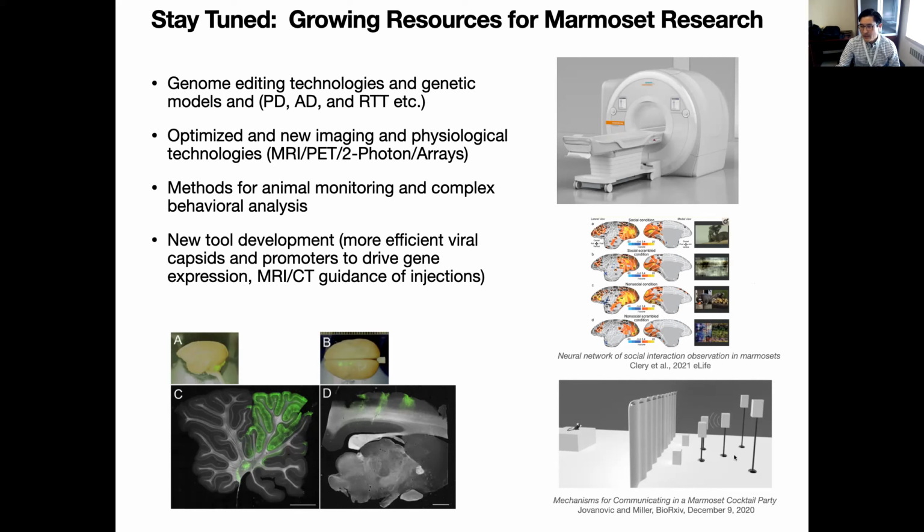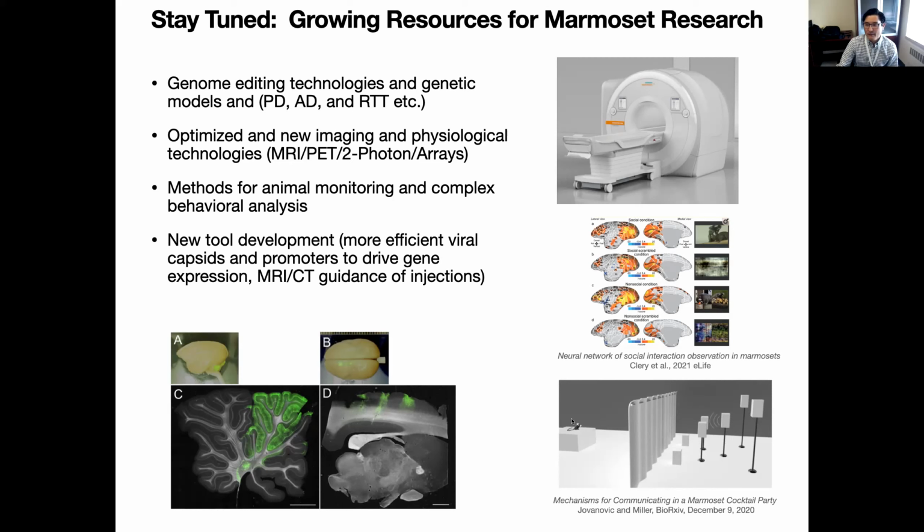Another interesting study is one that's in bioRxiv from Corey Miller's group, in terms of understanding how marmosets might solve the cocktail party problem, where you have multiple auditory inputs coming in and conversations happening, and how an individual might be able to sort out the information coming in and hone in on certain information and have effective communication.